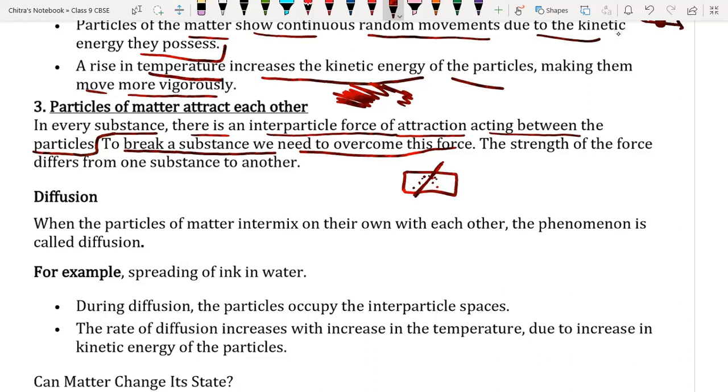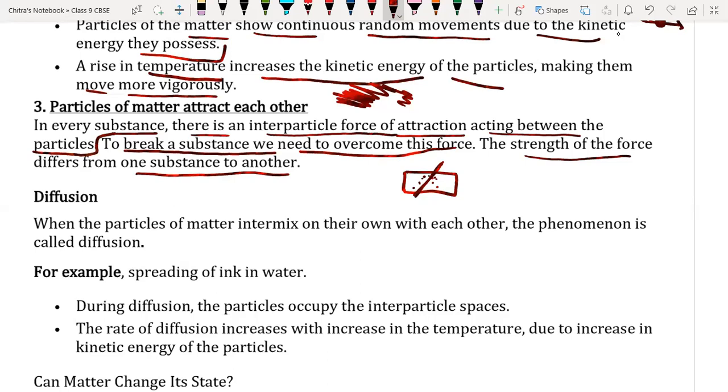The strength of the force differs from substance to substance. You can easily tear a page of your notebook, but if I give you a metal sheet of the same width, length and dimensions, you won't be able to break or tear it, right?